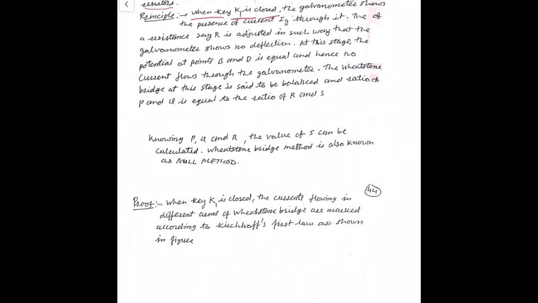When key K1 is closed, the galvanometer shows the presence of current Ig through it.